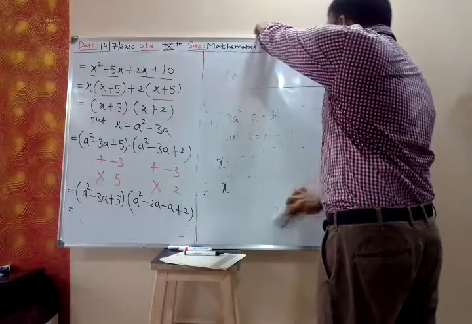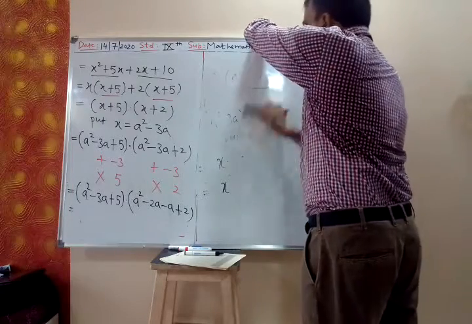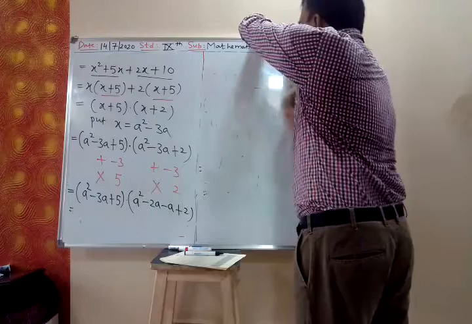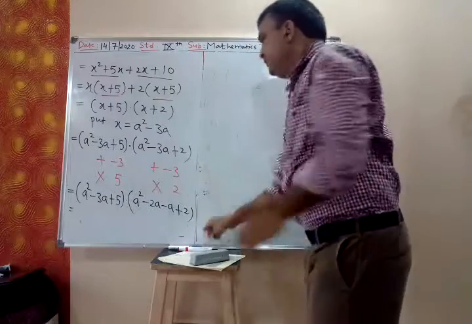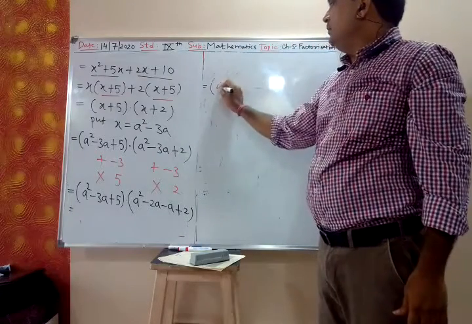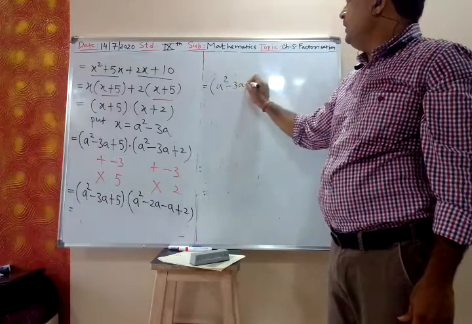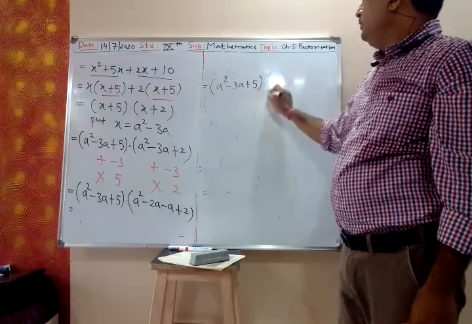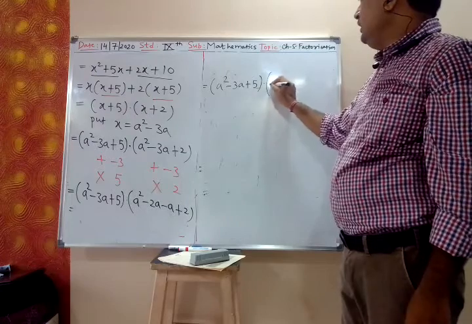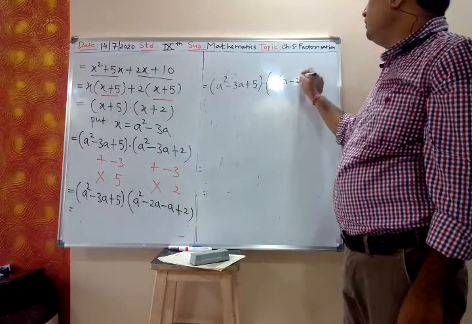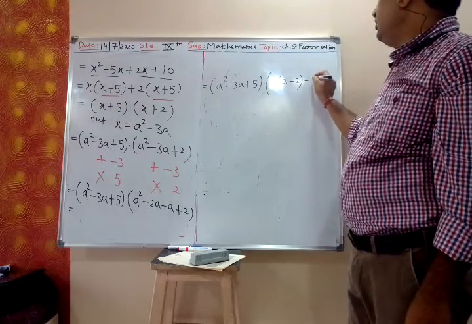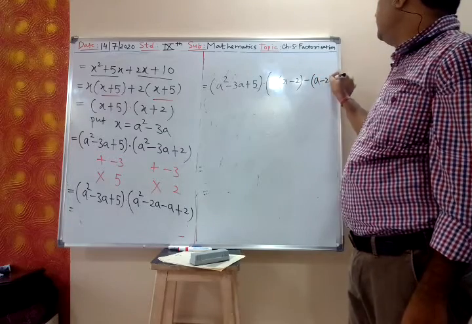In the second, I will do the grouping. First two terms I will take together, the last two terms I will take together, and simplify. So that becomes a square minus 3a plus 5, into, in these two, a square and 2a, I will take a common, then a minus 2. Then minus, I will take common, it is a minus 2.